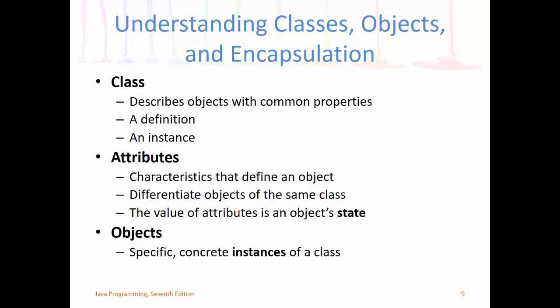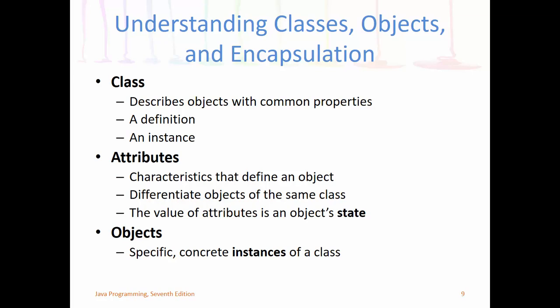All right, so we talked about what a class is. And it says it describes objects with common properties. It's a definition, and it's an instance. Okay, so I still like to think of it more as like a blueprint. But that blueprint will have certain components. So for example, it'll have certain attributes that are associated with it. Is it a duplex?